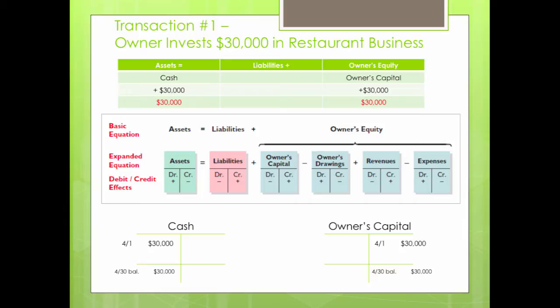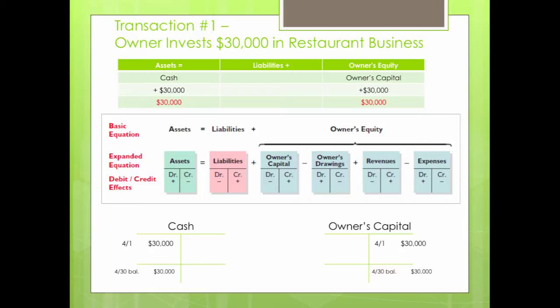Now, what you will do is record it in the T account, which is on the bottom here. You will have a T account for cash and another one for owner's capital. But this time, you will refer to your best friend here, your best friend number 2, and determine if you will record it as a debit or as a credit.